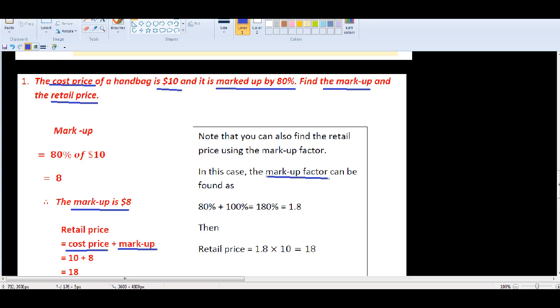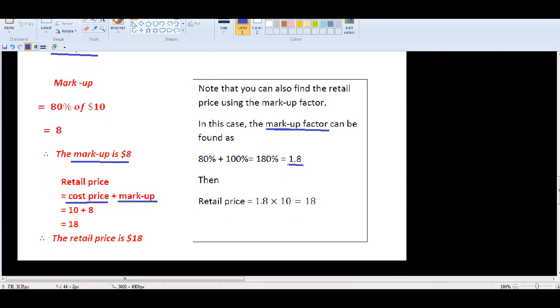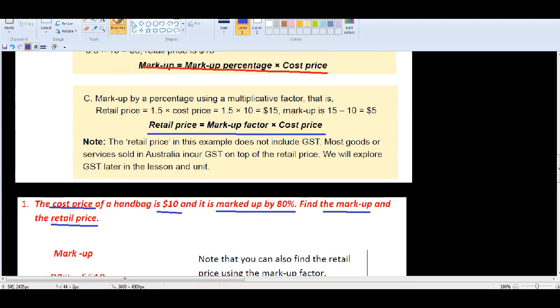So now it's 180% of the original cost price. 180% written as a decimal number is 1.8. So that's what we call the markup factor. When you find the retail price, you could just use 1.8 times the cost price. So we are using this formula: retail price equals markup factor times cost price.